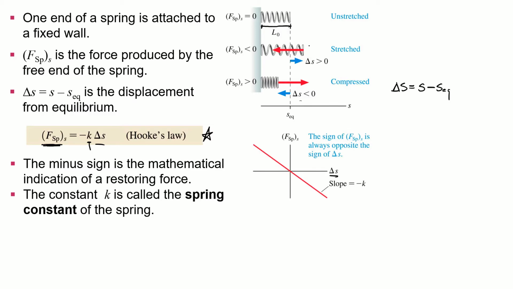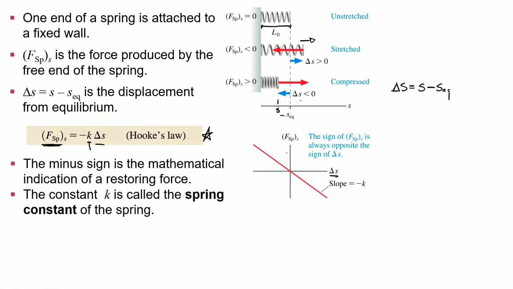So if I pull it to the right and stretch it, S is larger than S equilibrium, and the negative k means the force is in the other direction, pulling back towards equilibrium. If I compress it, S is less than S equilibrium, so delta S is negative. When I multiply it by the negative k, I get a positive force, and again it pushes me back to equilibrium.